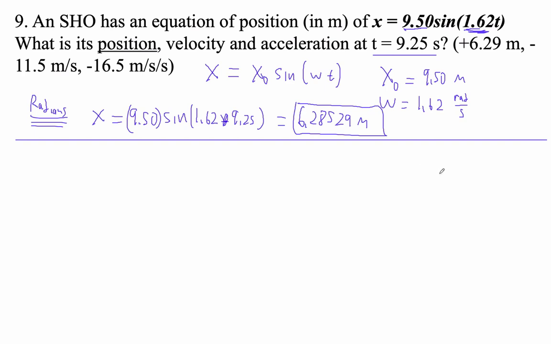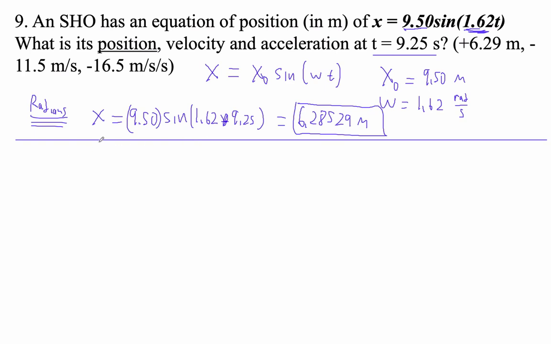All right, so now the question is, what is the velocity at that point? Now, resist the urge, do not use v equals plus or minus omega square root of whatever. We could find the speed of it, but we couldn't tell whether it was positive or negative.